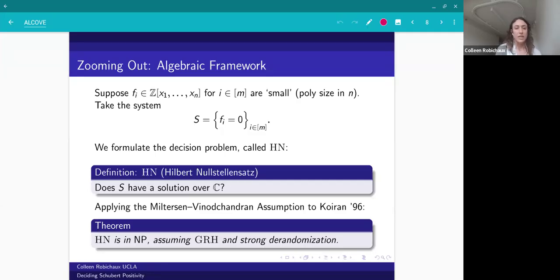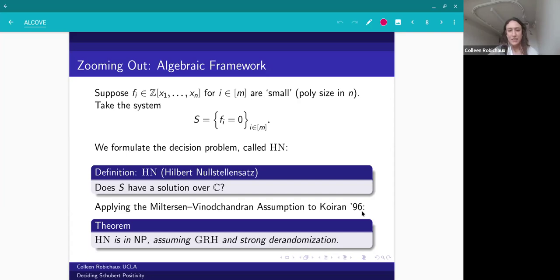In general, if you're not using too much cleverness, it'll be in EXPSPACE. Before you do anything clever, even using Gröbner basis techniques, you don't get too far. Even using the effective Nullstellensatz, you get up to PSPACE.